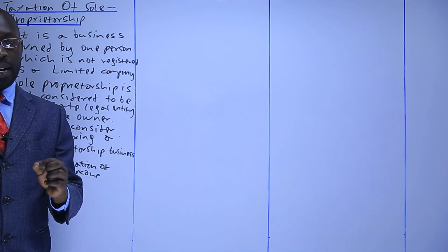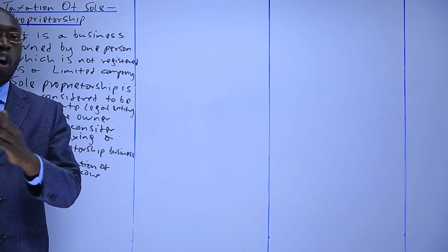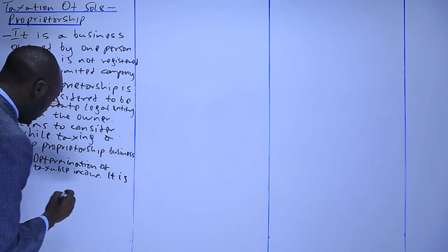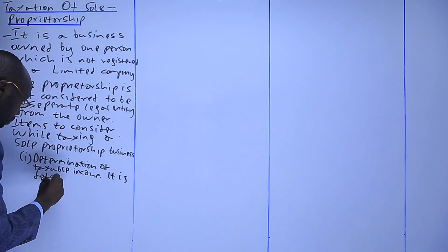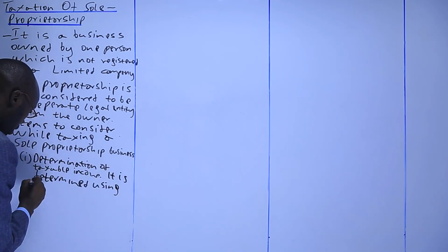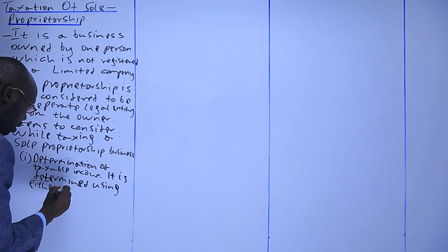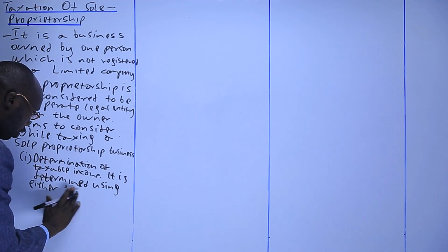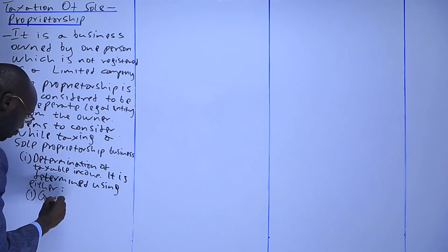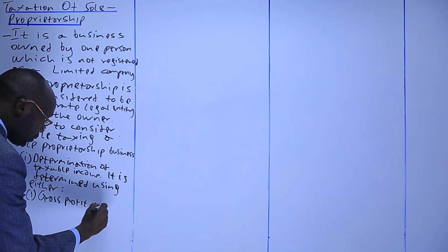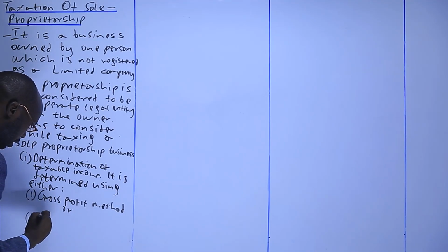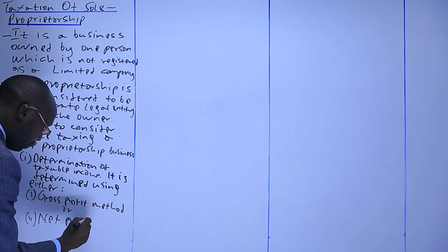The taxable income is determined using either number 1, the gross profit method, or number 2, the net profit method.